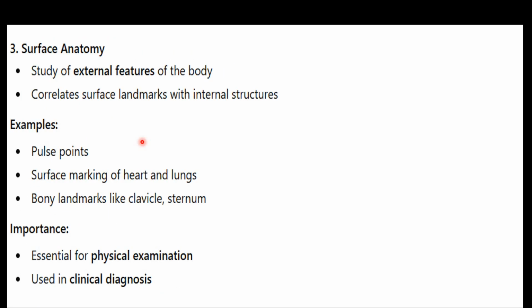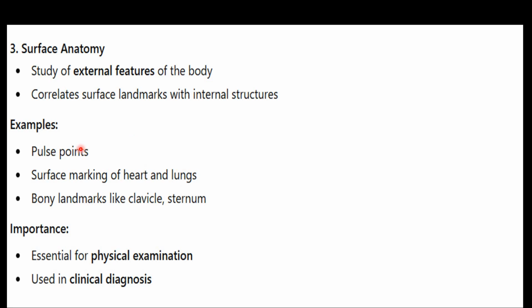Next is surface anatomy. Now what is surface anatomy? It is the study of external features of the body. If you are studying the external features of the body, then that comes under surface anatomy. It correlates surface landmarks with the internal structures. Examples: pulse points, surface marking of the heart and lungs, bony landmarks like the clavicle or sternum.